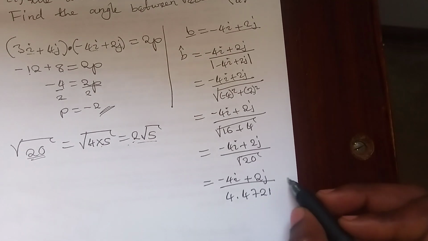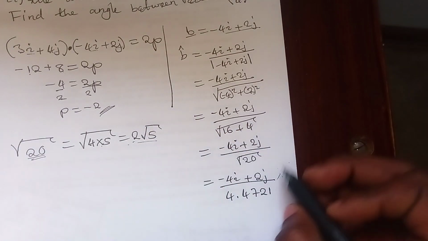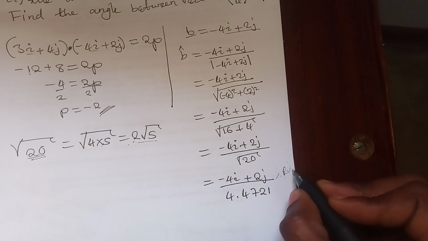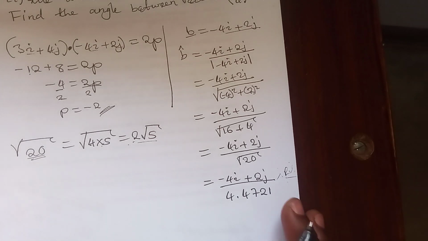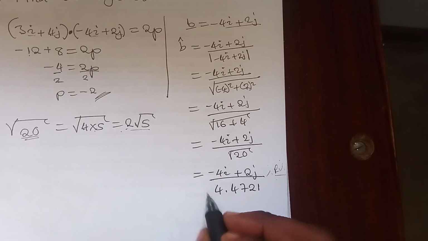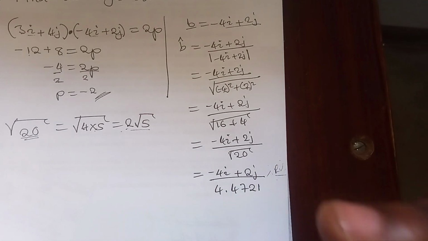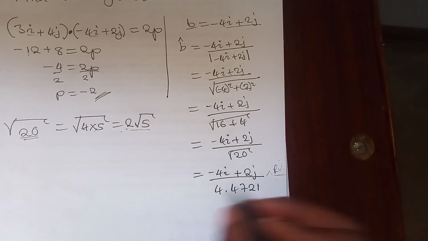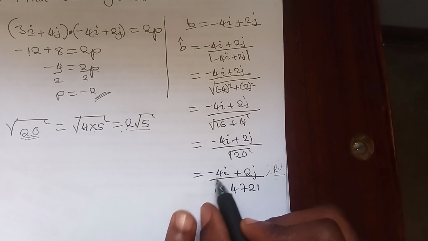You have to multiply by 2 root 5 over 2 root 5, but I don't want to go there.